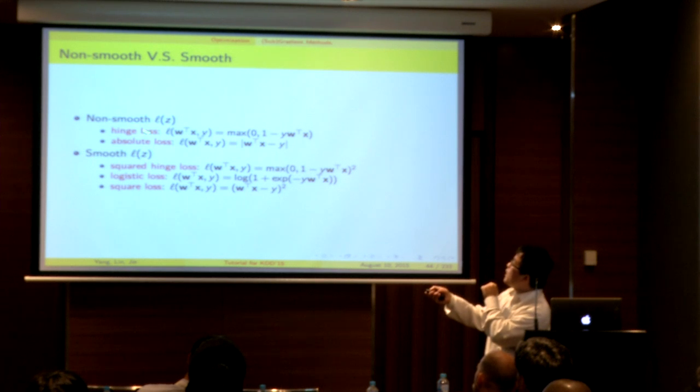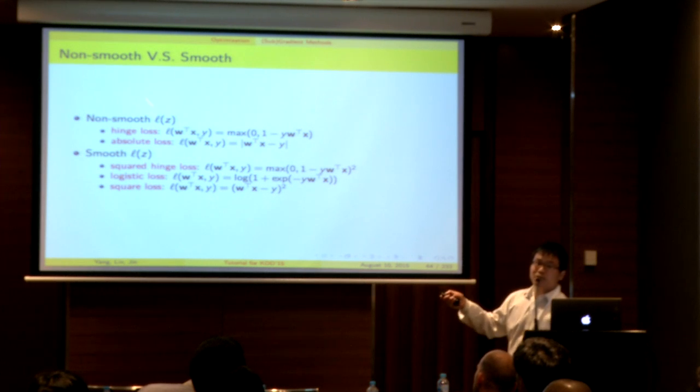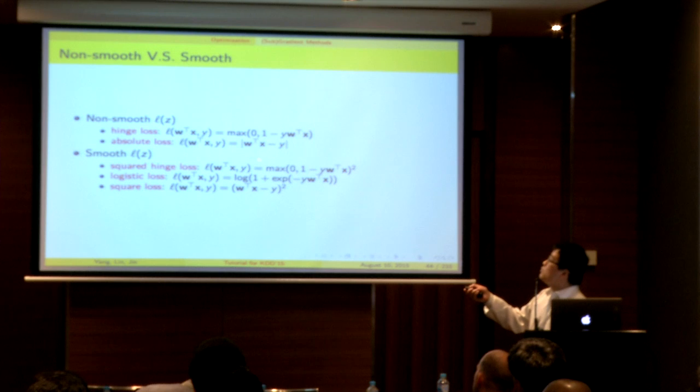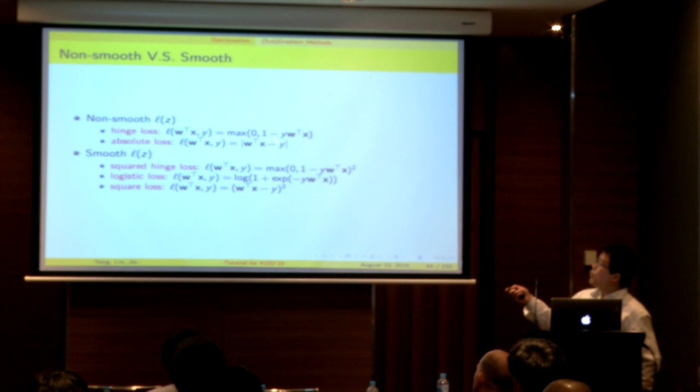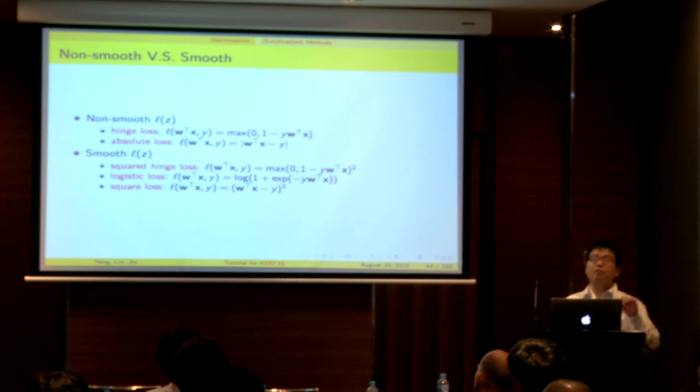Some loss functions are non-smooth. For example, the SVM hinge loss is not smooth. And the absolute loss function in regression is also non-smooth. If you have a problem with this kind of loss function, it's going to be more challenging from an optimization perspective. The algorithm is usually slow. You may have a sublinear convergence rate.